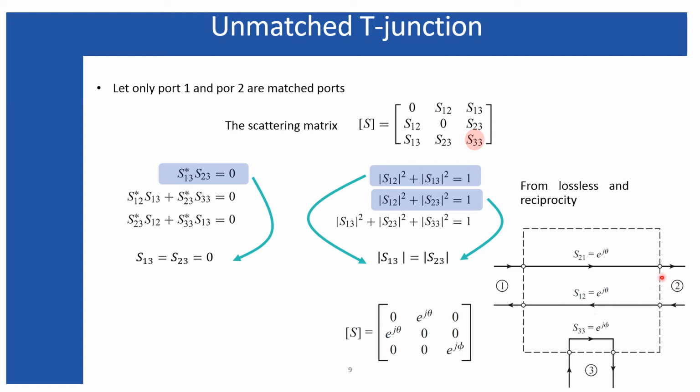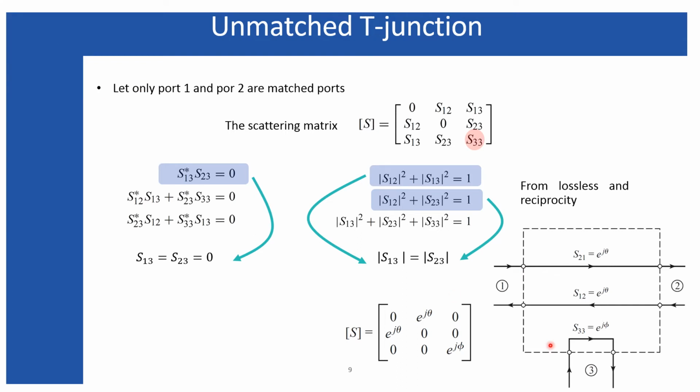Therefore, when you are exciting port 2, the power gets delivered to port 1, or when you are exciting port 1, the power gets delivered to port 2. So basically, the propagating wave is acquiring some phase. That phase is denoted as theta, and it is associated with the propagation constant through this waveguide times the distance between the reference plane of port 1 and port 2.